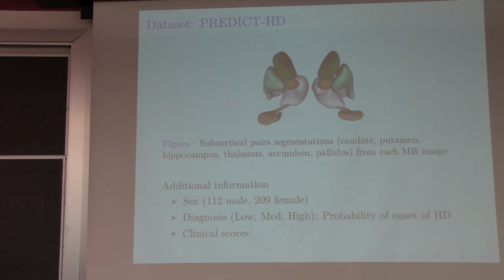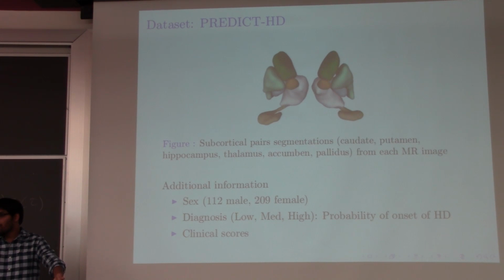So the data set I look at is this Predict-HD data set, which is a longitudinal data set. Do people know what longitudinal analysis is? Who knows? Who doesn't know? So longitudinal analysis just means that you are measuring things over time, and you have many subjects in your study.